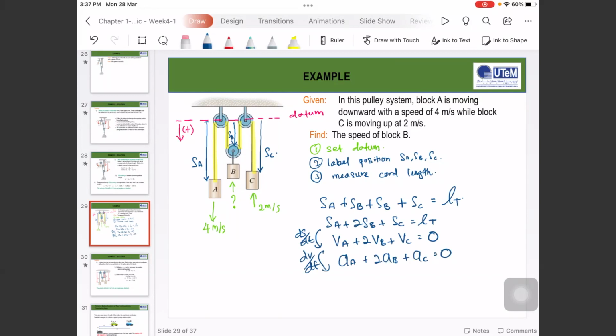So what is VA? VA, so gunakan equation yang ini lah, carikan speed of VB. So kita ada VA, ke bawah is positive, plus 2VB. Okay, kita dah assume datum macam ni, so ke bawah adalah is equals to 0.